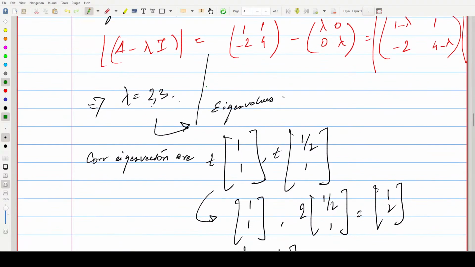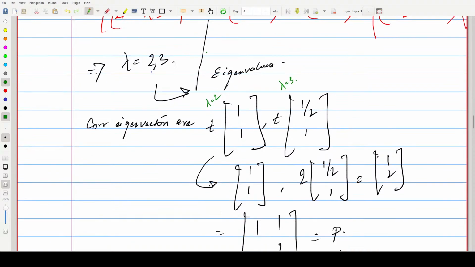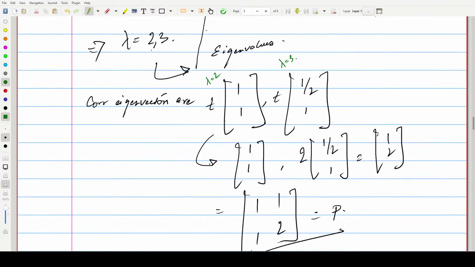So this is for lambda equals 2, I'm really sorry, and this is for lambda equals 3, right? How do we make sense of this? Let t equals 1.